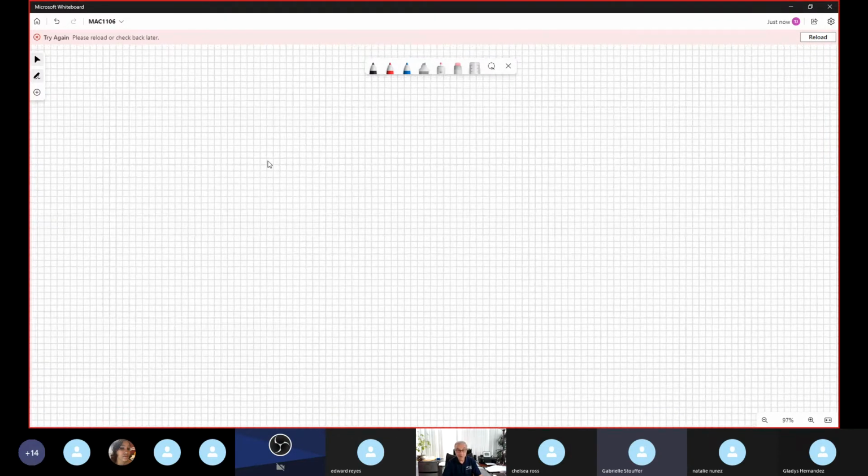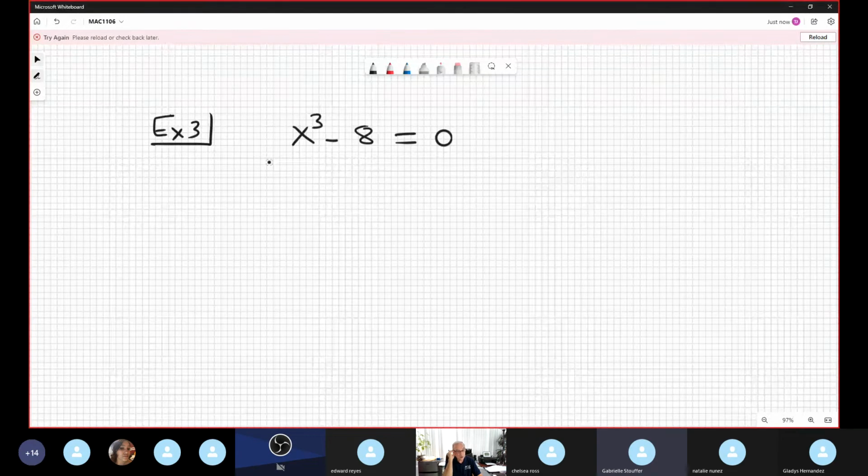Let's see example 3. Now you help me a little bit. This looks easy, however, it's not easy. Okay, question number 1. Is it a polynomial, yes or no? Yes. Question number 2. What is the degree? 3. How many solutions? 3 solutions, considered real, complex, and repeated.